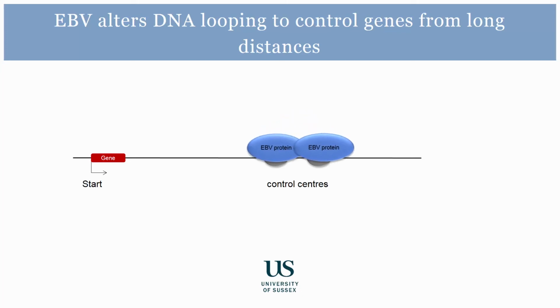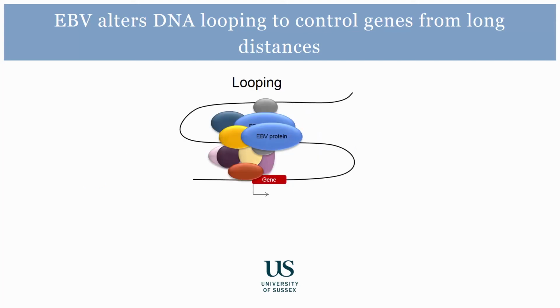The virus produces proteins that bind to these long-distance control centers, and what they then do is they cause looping of the DNA in between the control centers and the gene start, and recruit a lot of other proteins that are already in the cell to enable them, in this case, to turn this gene on. So the virus is influencing the three-dimensional arrangement of the DNA within the cells.